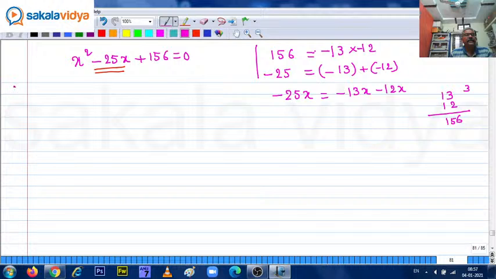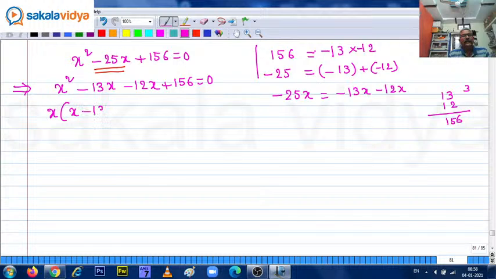So this can be written as x square minus 13x minus 12x plus 156 equals 0. From the first two terms, let us take x common, so we get x minus 13.